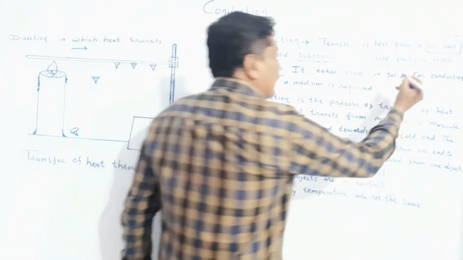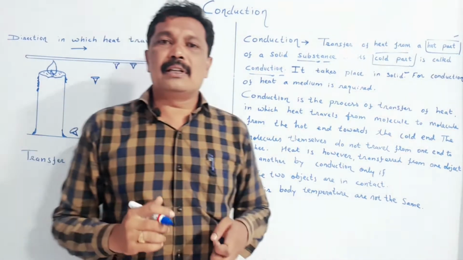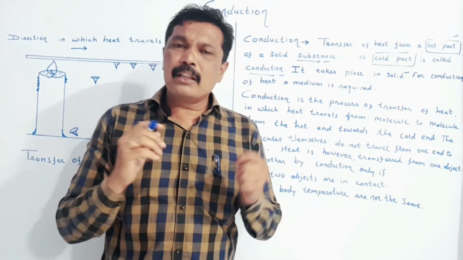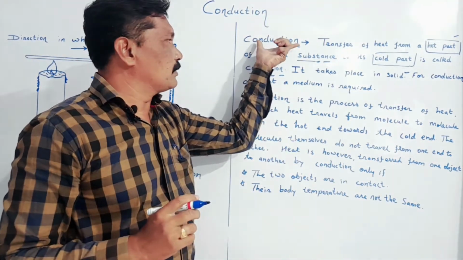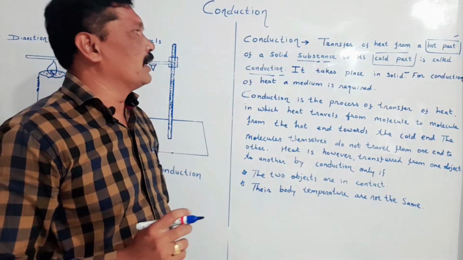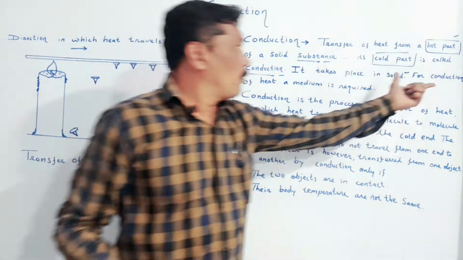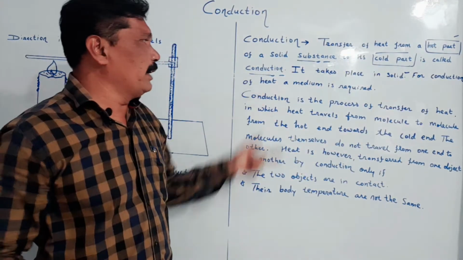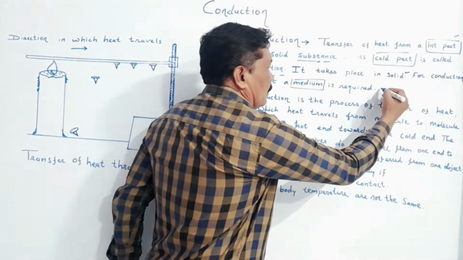Conduction takes place in solid. My dear student, one more thing we'll keep in mind, that conduction takes place in solid. Now, for conduction of heat, a medium is required.